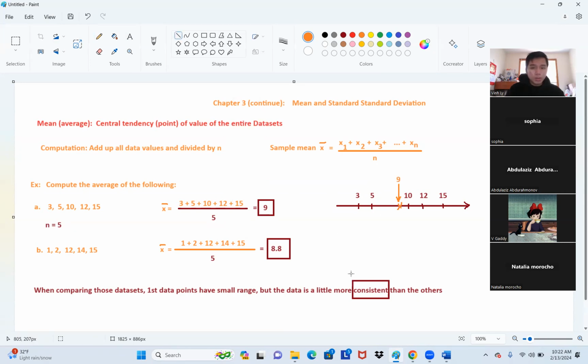On the other hand, we look at the second data set. You can literally check that the data started from 1, right?